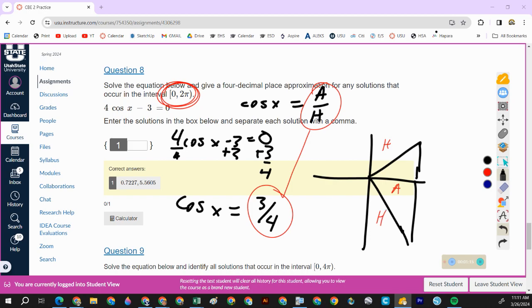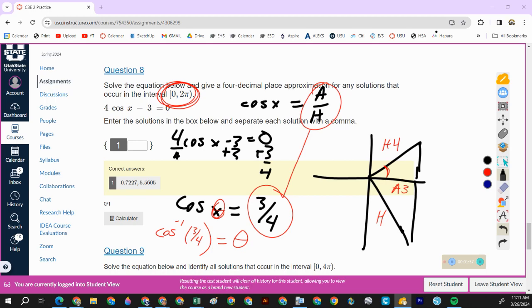Okay, so what angle here will give me a 3 and a 4? So let's just do the cosine inverse of 3/4, and that will tell me my angle. Maybe I should call this theta.